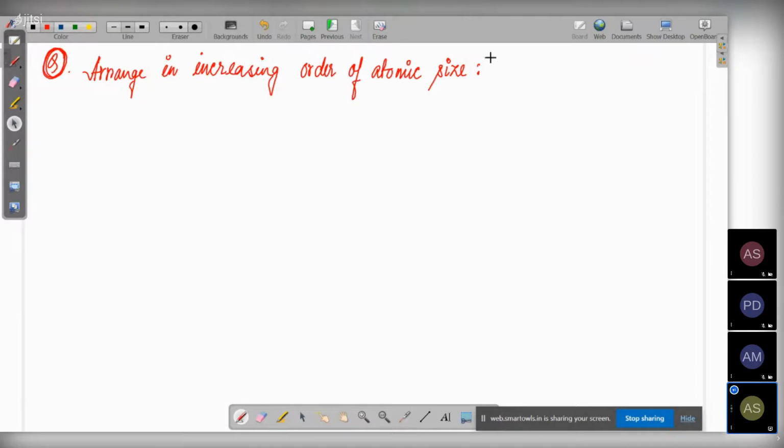So the ions that are given are Cl minus, Ca2 plus, S2 minus, K plus, argon.